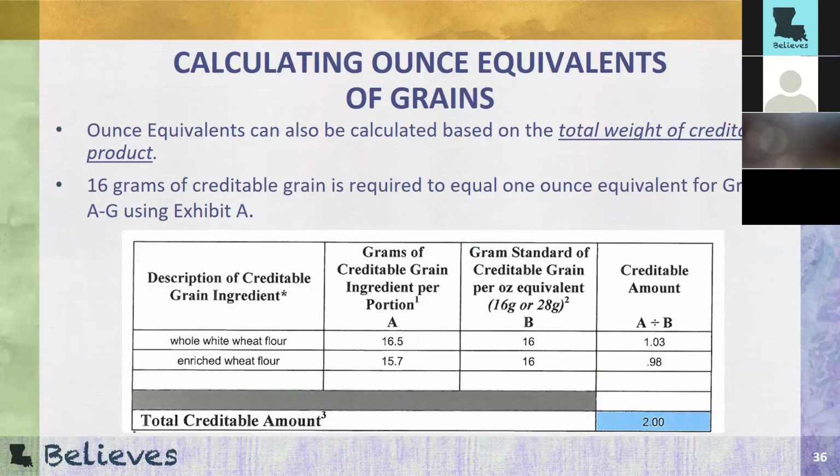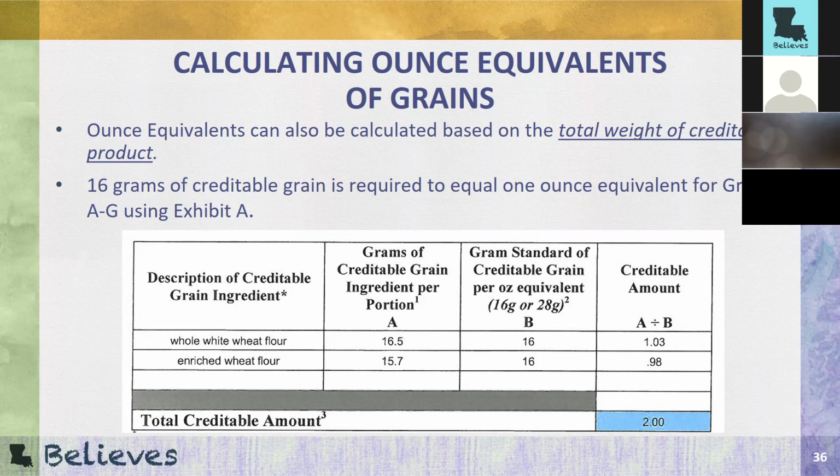So then if I'm looking at a product formulation statement for this Ultra Loco bread, I'm going to calculate the ounce equivalents based on the weight of the grain. In this product, 16 grams of creditable grain is required to equal 1 ounce equivalent. But this bread contains 16.5 grams of whole white wheat flour and 15.7 grams of enriched wheat flour. So my total is 32.2 grams or 2 ounces.